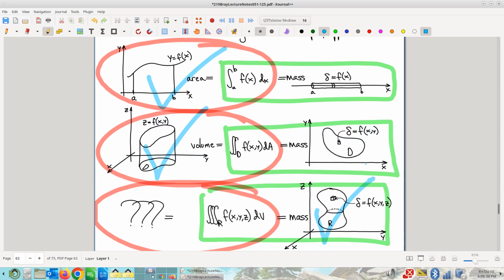One example of where that pattern problem rears its ugly head is volume. We're looking at kind of similar looking pictures for two different kinds of integrals. And I get asked on a regular basis, hey, when I've got a three-dimensional question, how come sometimes we write it down as a double integral and sometimes we write it down as a triple integral? Do I get to just pick, or what's the deal there? Right?